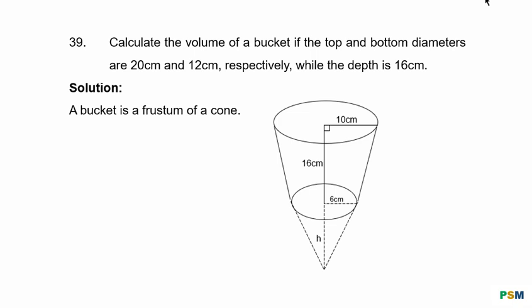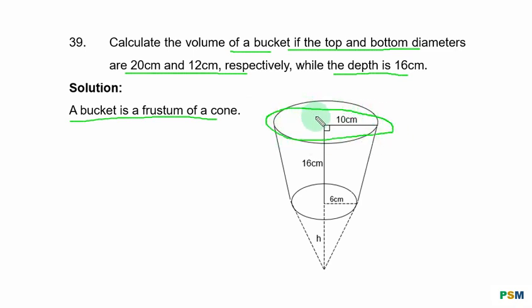Example 39. Calculate the volume of a bucket if the top and bottom diameters are 20 cm and 12 cm respectively, while the depth is 16 cm. Solution. A bucket is a frustum of a cone where the top diameter is 20 cm.